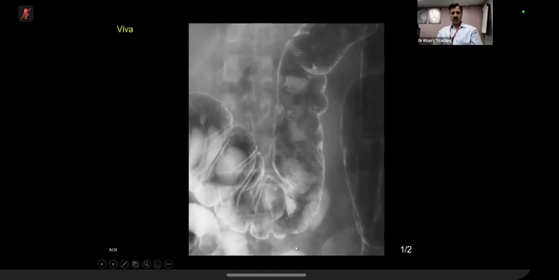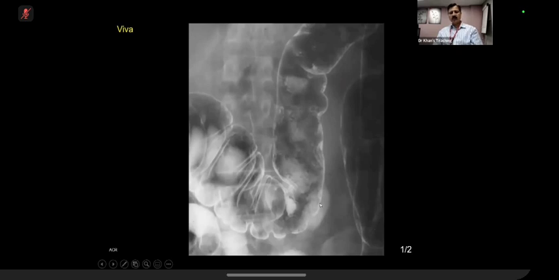So it's a spot film, a barium enema spot image, which is demonstrating multiple areas of filling defect, giving the kind of appearance of rose thorn ulcers. Okay, rose thorn ulcers.